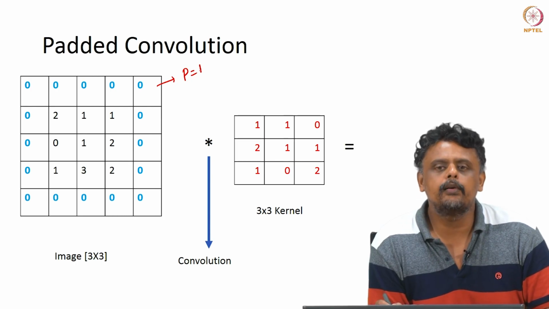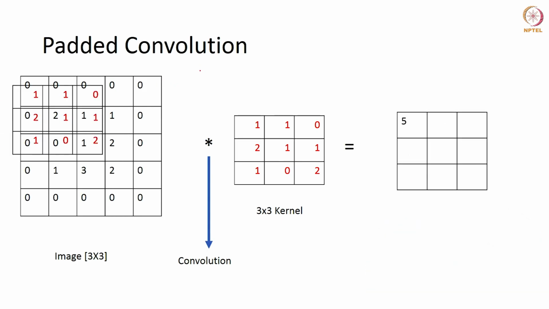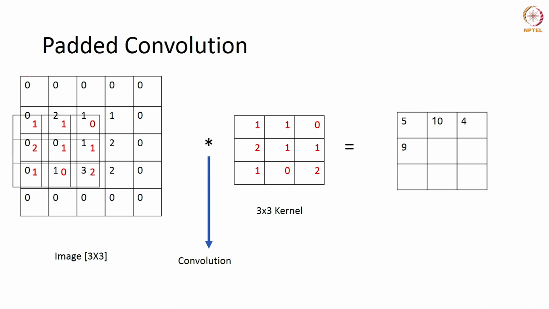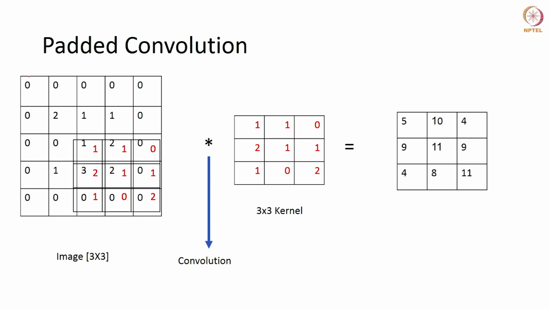If you do a convolution with this, it is very similar to what we did earlier. You will position your filter kernel at the top left and then move it around like you would do for a regular convolution, except that now you have added zeros everywhere. By adding zeros on the edges, you get an output feature map of size 3 by 3.